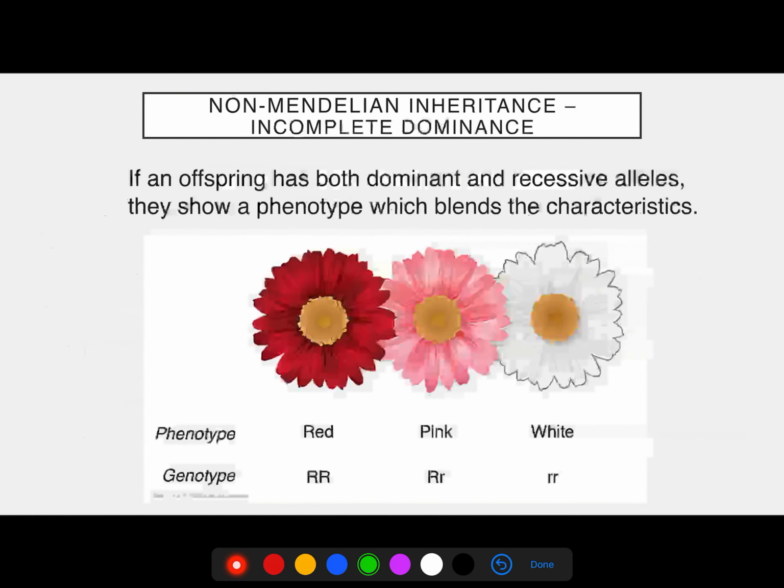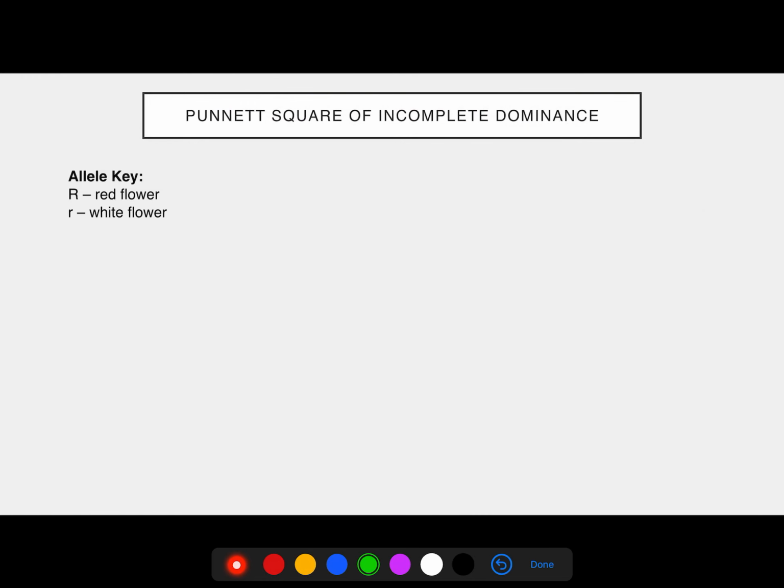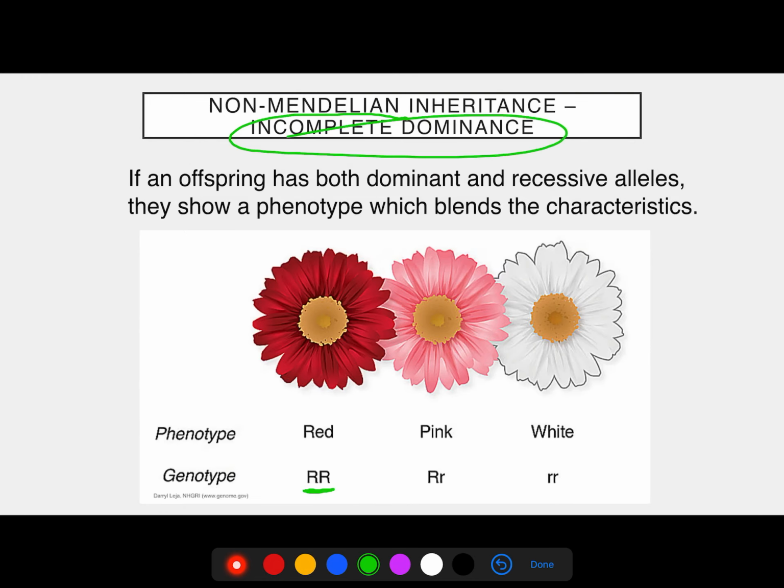The way that incomplete dominance works is it looks incredibly similar to what you have seen before, where you have a dominant allele and a recessive allele. You will have a dominant allele, which you can see in the genotype of this red flower. And then you'll have a recessive allele, and you can see that in the phenotype of the white flower.